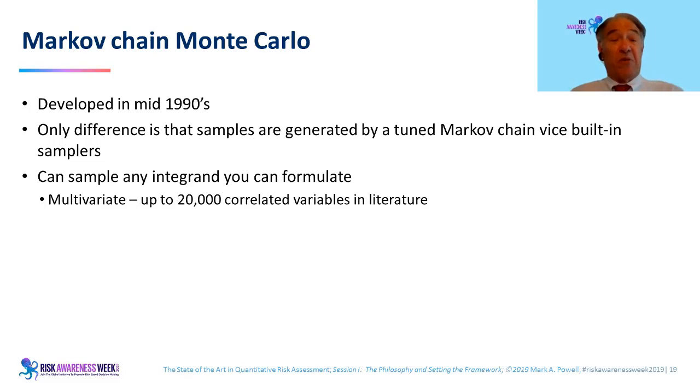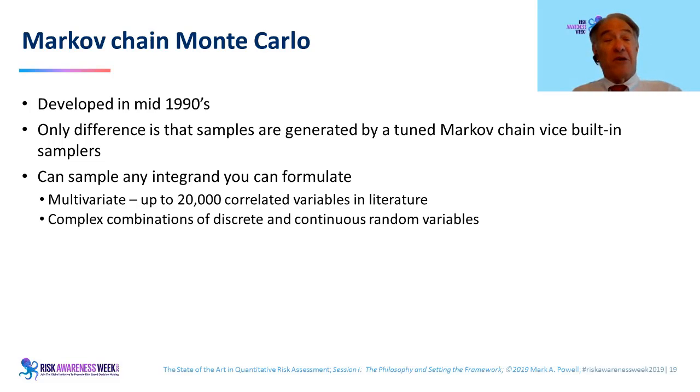So you can sample that: 20,000 integral signs followed by an integrand of 20,000 variables, with 20,000 d variable 1, d variable 2 at the end of that integral. Pretty complex. You can have complex combinations of discrete and continuous random variables that you can sample with Markov chain Monte Carlo.